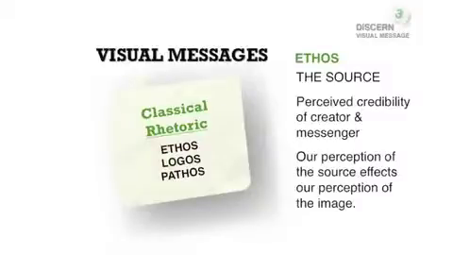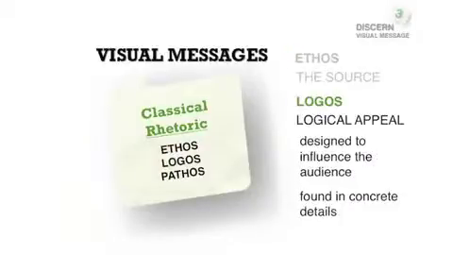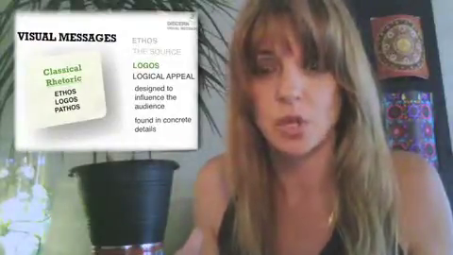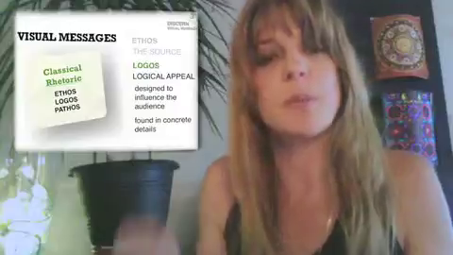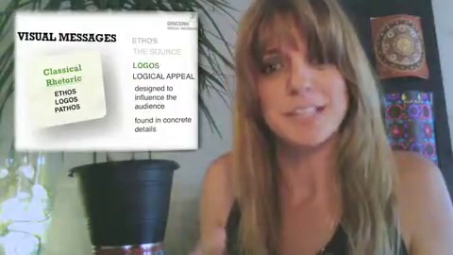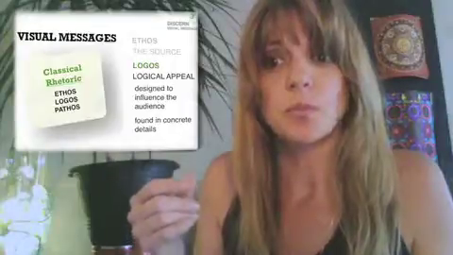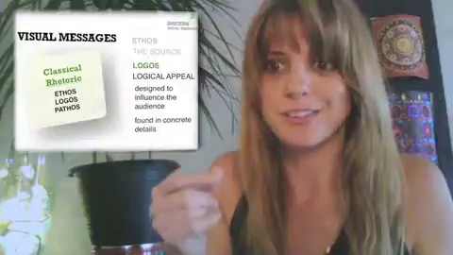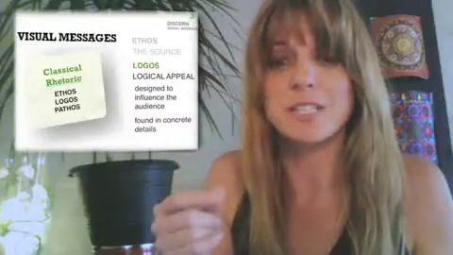The logos is the logical appeal designed into the image to influence the audience. Now, this can usually be found in the concrete details. So if you think back to that group photo, the dudes with the guns, the logical appeal there is the things that we can find in the concrete details.